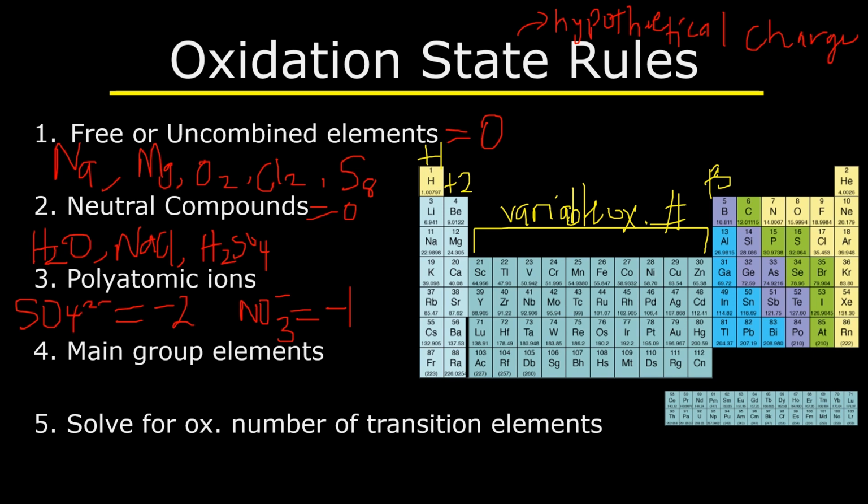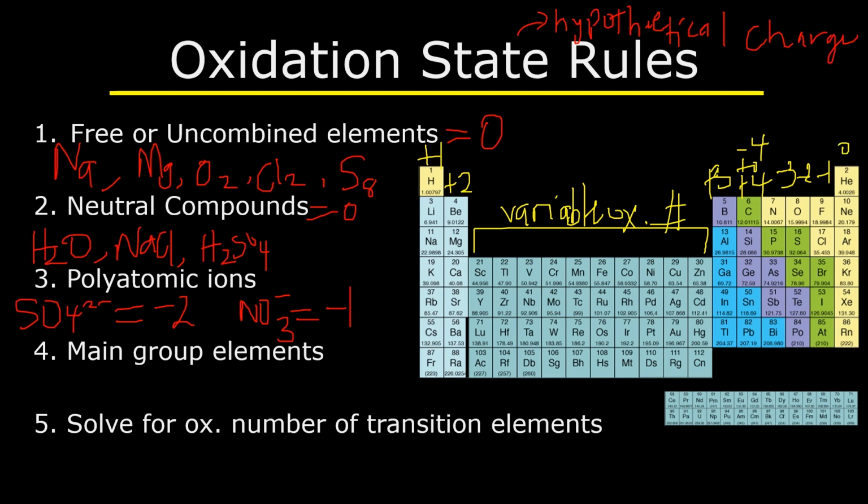And then carbon and everything downwards in group 4, they usually form +4 charges, but in reality they can form anywhere from -4 to +4. So oftentimes we'll have to solve for what their oxidation state is. Group 5, they usually form -3, group 6 -2, group 7 -1, and then group 8 0.